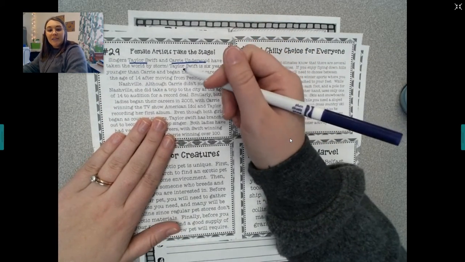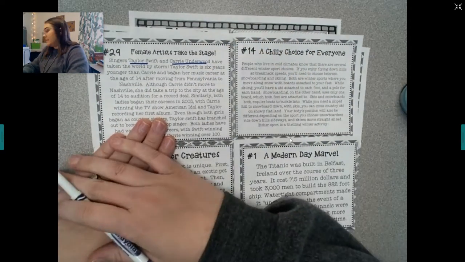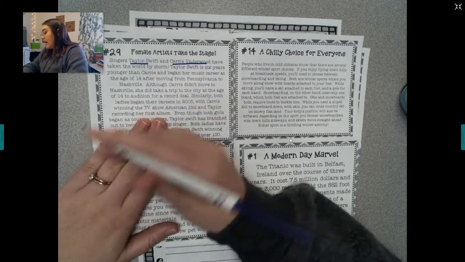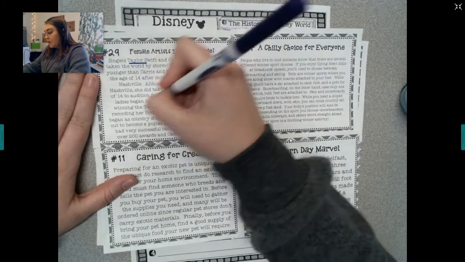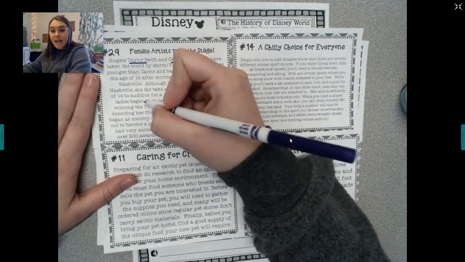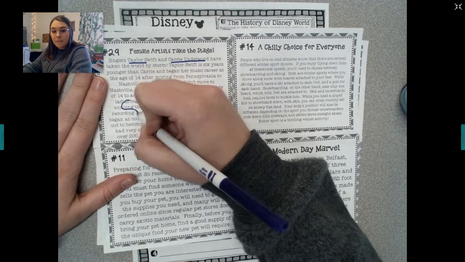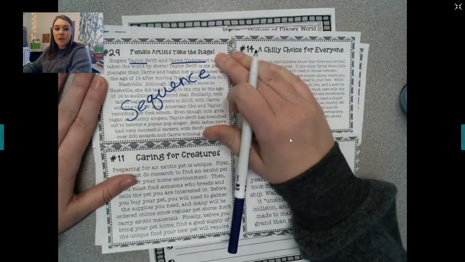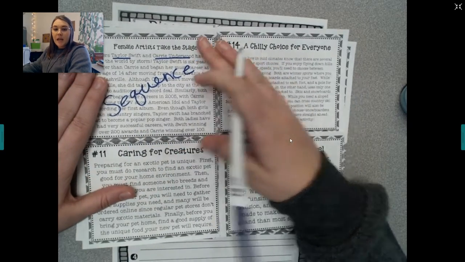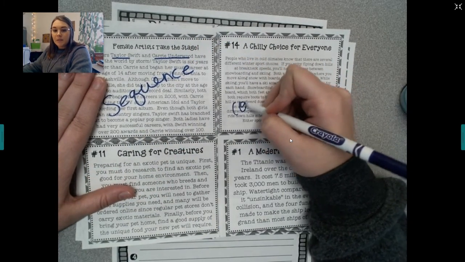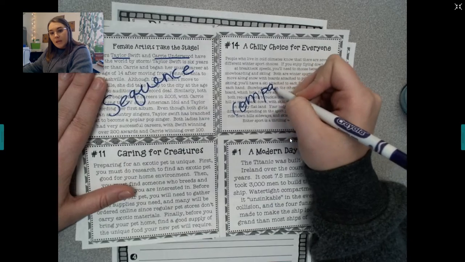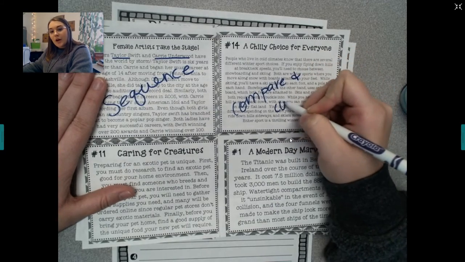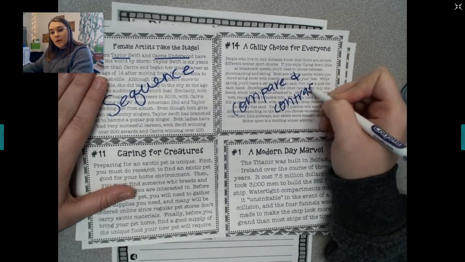I see 2 things there. So if I think that this one is, let's say I think it is sequence, really big, I would put a text box in and I would put sequence really big across it after I've already read it. And then on this one, I would say maybe this one's compare and contrast. These are not the right answers, by the way, so don't write them down.